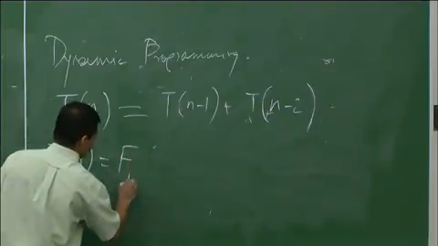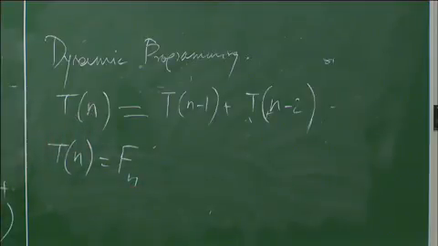Can I claim that that is the case? Okay, it's the same equation. And as I said, you can assume anything for your base case. I'm going to assume for f0 and f1 or t0 and t1, f0 and f1.